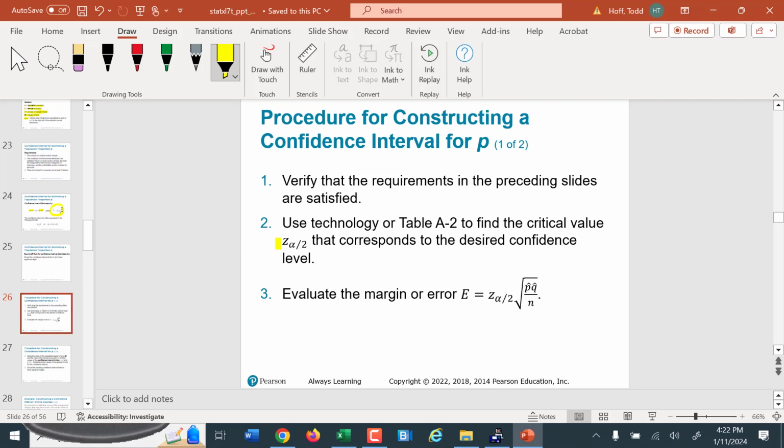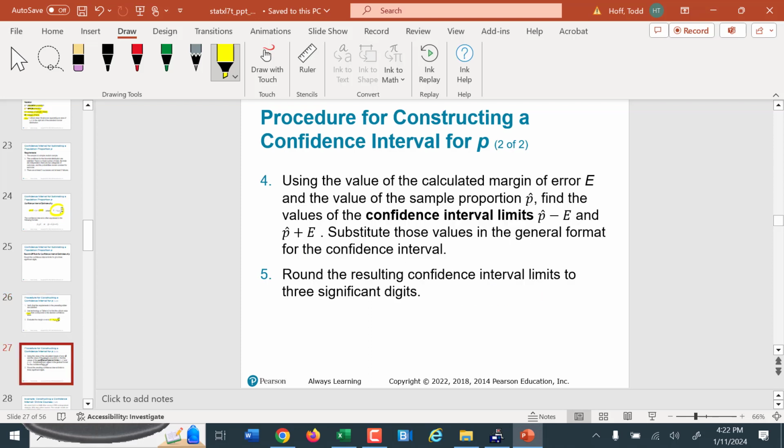We have to find our z critical, or z sub alpha over 2. We've already looked at that, and we calculate our margin of error using that formula. Once we have the margin of error, we take our point estimate and subtract the margin of error to get the lower limit of the confidence interval, and we take our point estimate and add the margin of error to get the upper limit. Then we round to those 3 non-zero digits as specified.